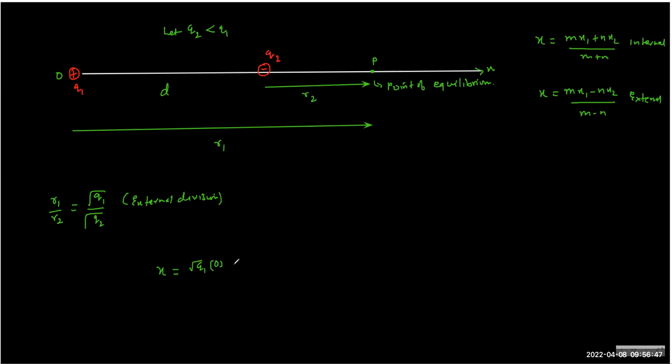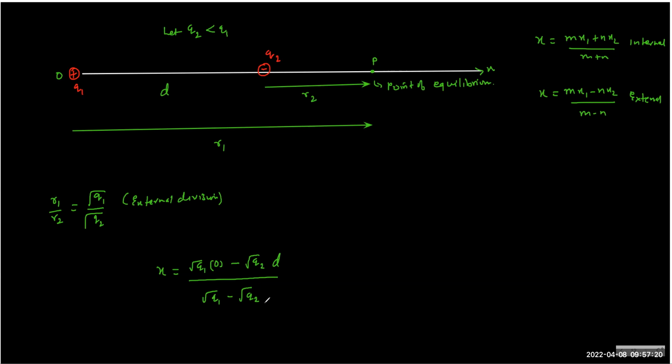Yes, sir. Minus root q2 into d upon root q1 minus root q2. This should be a positive value.